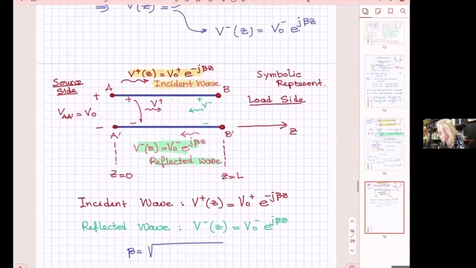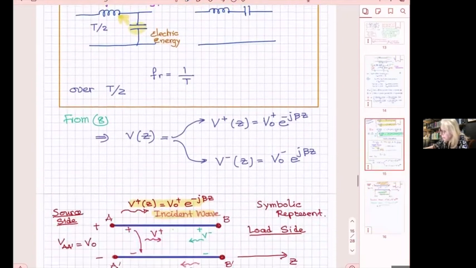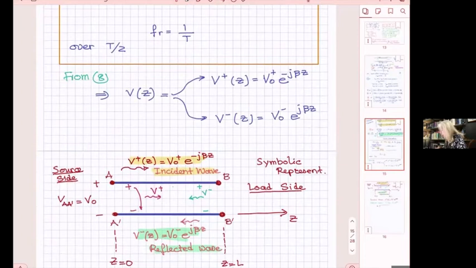And as a matter of fact, instead of beta, I will use a different symbol, we'll call it gamma. I don't know what the book is using. Let me see for a second, to make sure that I'm using the same.